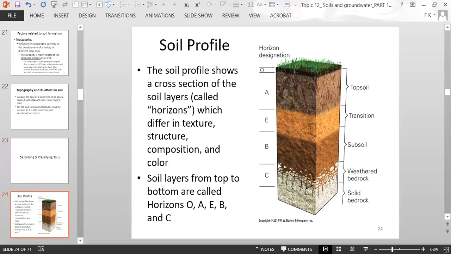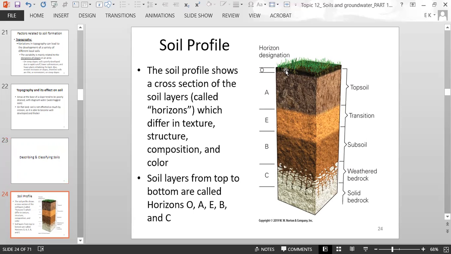So this is a soil profile. The soil profile shows a cross-section of the soil layers, and we call the soil layers horizons. They differ in their texture and structure and composition and color.